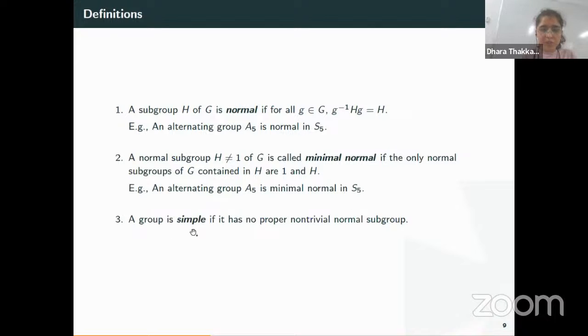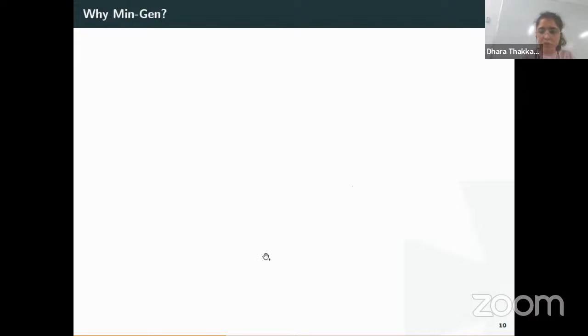Then we say that a group G is simple if it has no proper non-trivial normal subgroup. For example, if we take a cyclic group C5, or any cyclic group of prime order p, then it is simple, and the alternating group A5 is also a simple group. It is known that every simple group admits a generating set whose size is at most 2.